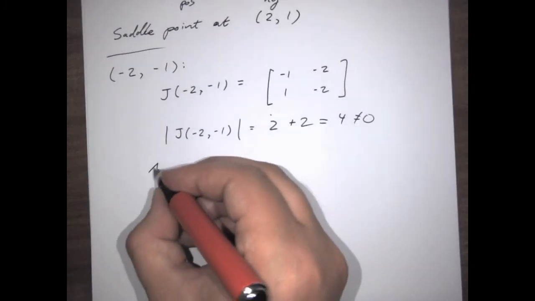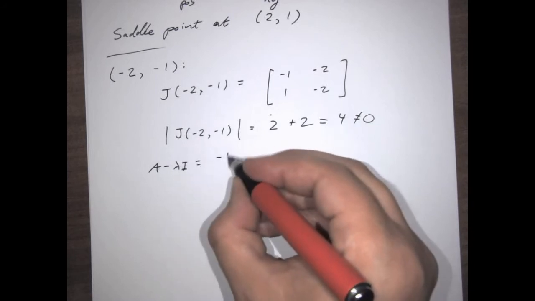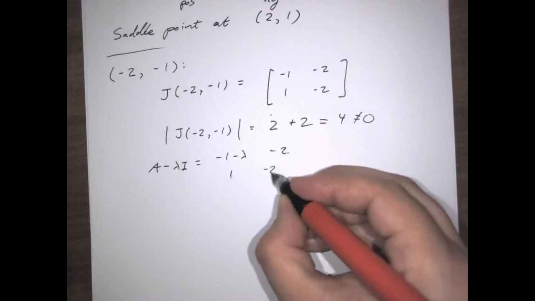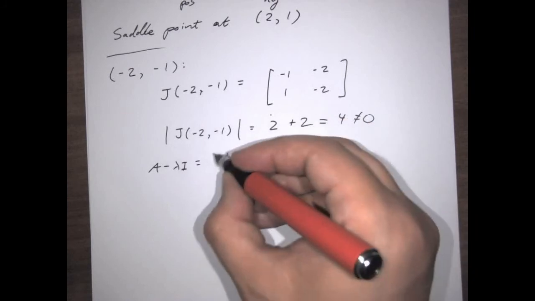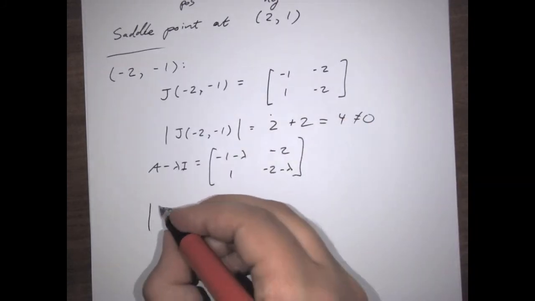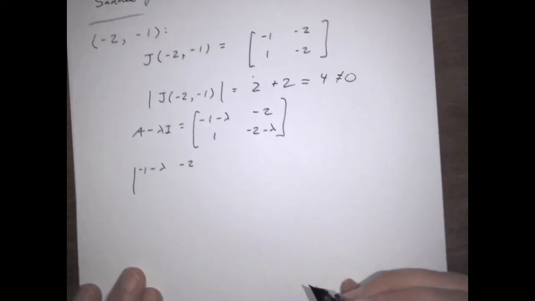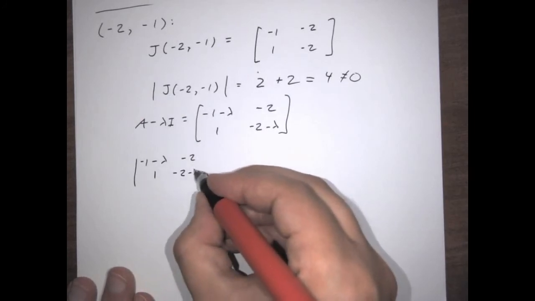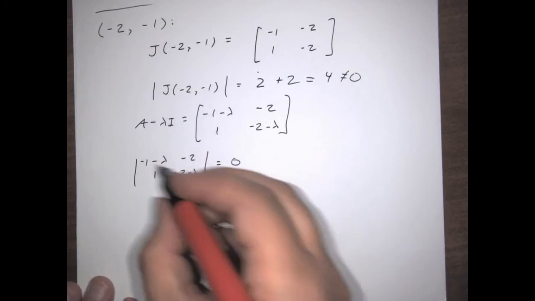Alright, now A minus lambda I is going to equal negative 1 minus lambda, negative 2, 1, negative 2 minus lambda. And so, if we take the determinant and set that equal to 0, we multiply out.